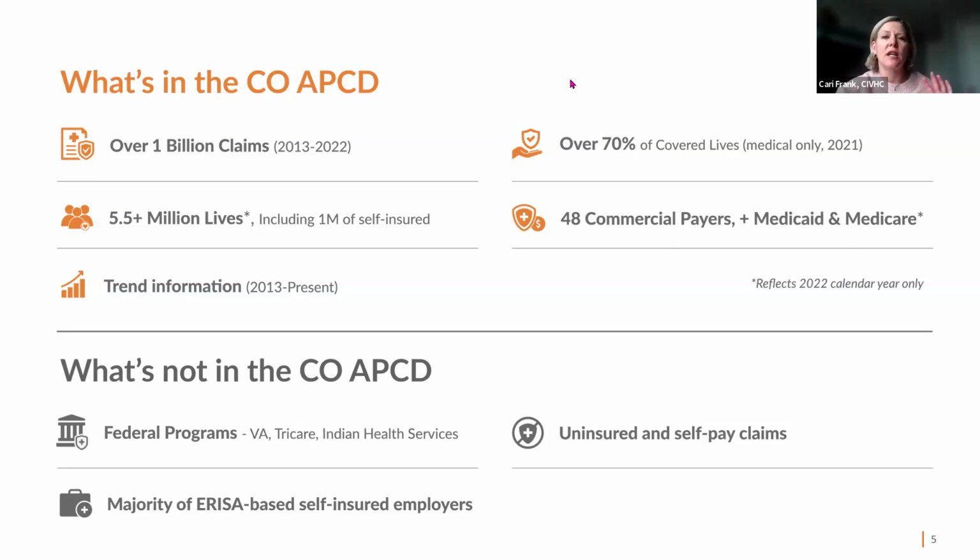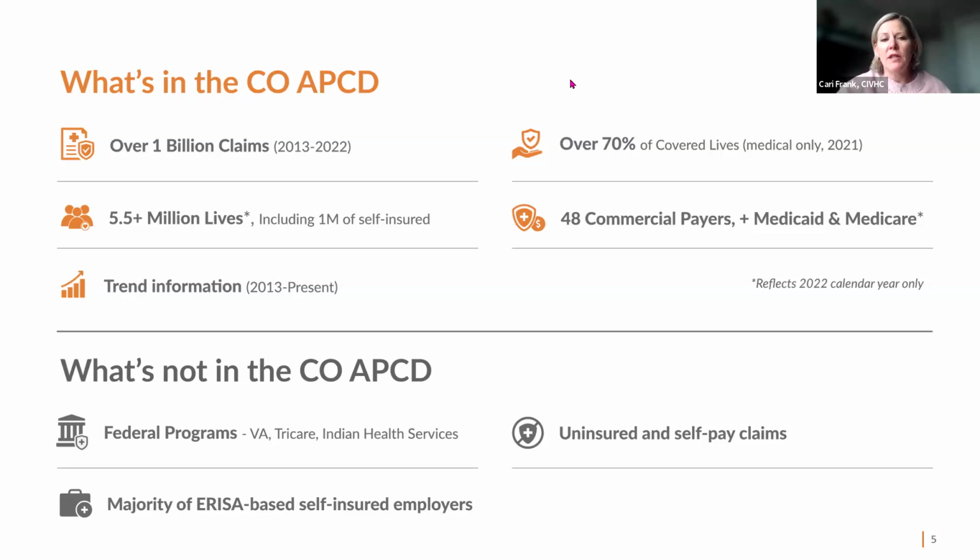So it is across a wide swath of those who are insured, which is about 5.5 million lives in Colorado and represents over 70% of the medically insured. We have over 1 billion claims in the database. That's just from 2013 to 2022, but we do collect monthly claims, so we have data that's even a month old at this point.